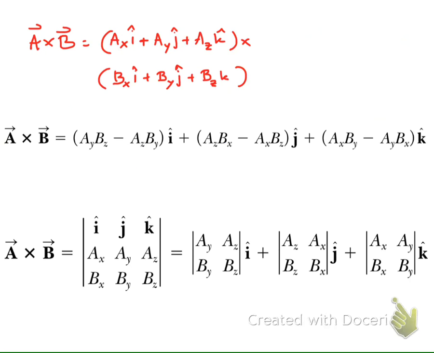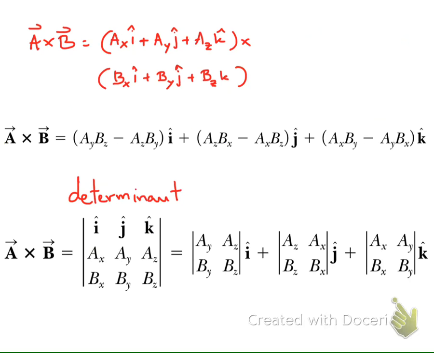But from this form of A cross B in the rectangular coordinate, we can write this in terms of a determinant. So we have the compact form of A cross B. You can say that A cross B is equal to the determinant of i, j, k, AX, AY, AZ, and BX, BY, BZ, like this.